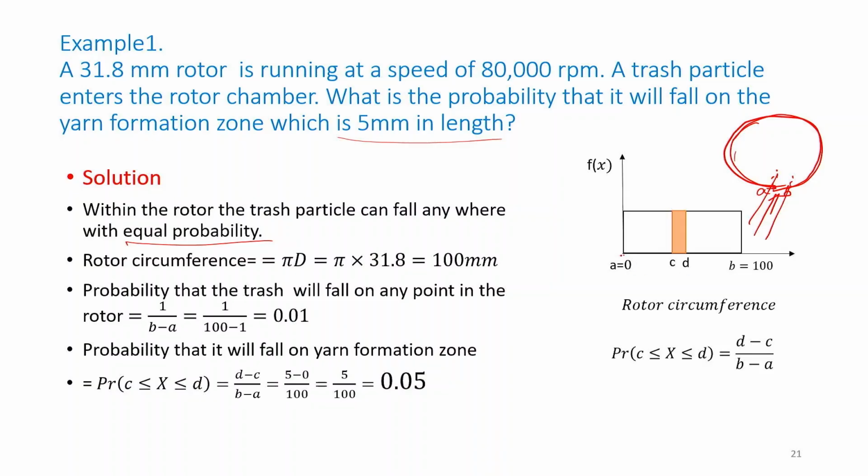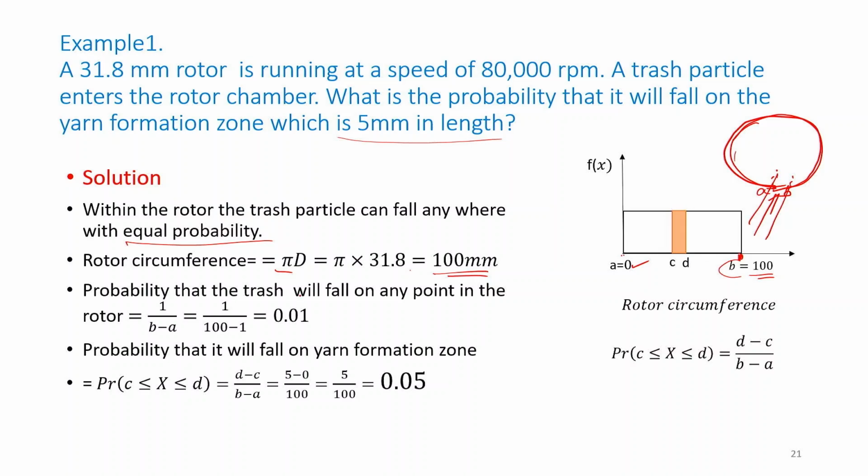A is here and we start measuring along the right hand side, and at the point B, which is here, from A to B the distance is 100 mm. How? Because rotor circumference is pi into 31.8, which is equal to 100 mm. Therefore, B minus A is 100 mm.